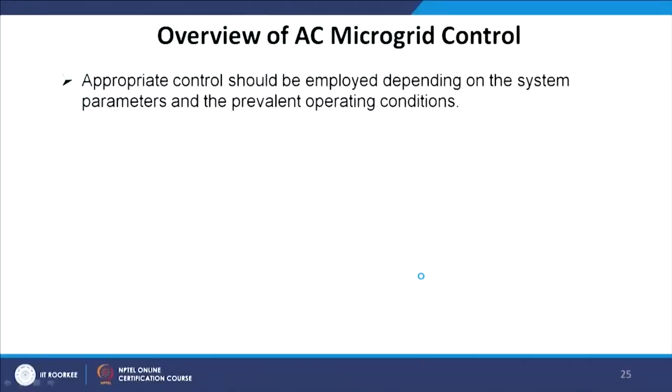Different control schemes have evolved, but let us just overview the control mechanisms we have learned in the last two lectures. Appropriate controls should be employed depending on the system parameters and the prevalent operating conditions.